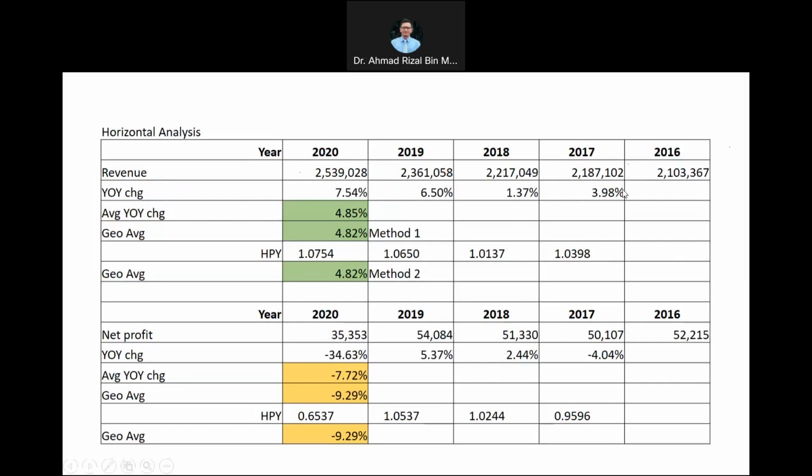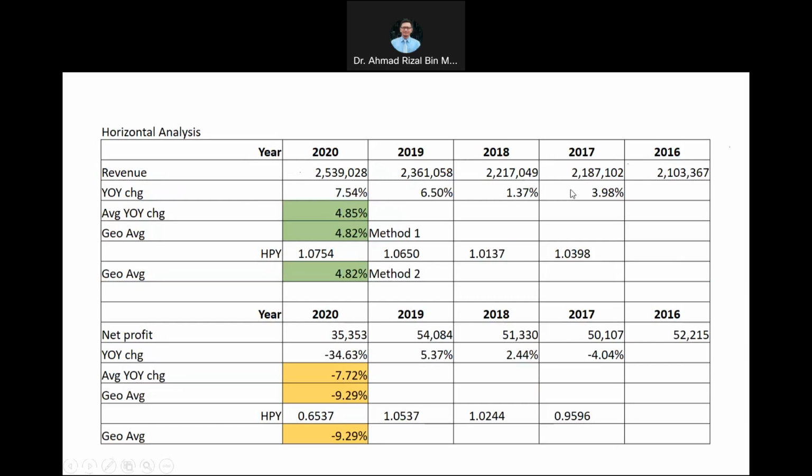Starting from 2017, increased by 3.98%, 2018, 1.37%, 2019, 6.5%, and 2020 recorded the highest change, which is 7.54%. So it shows that over the 5-year period, revenue grew every year.